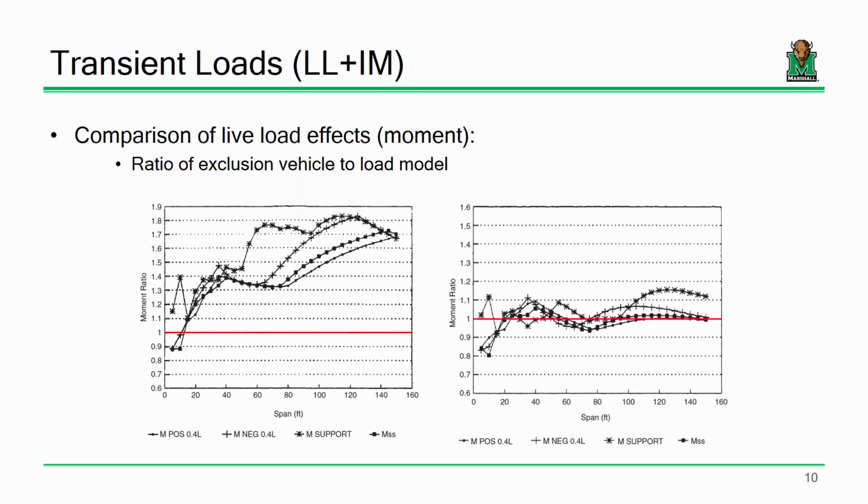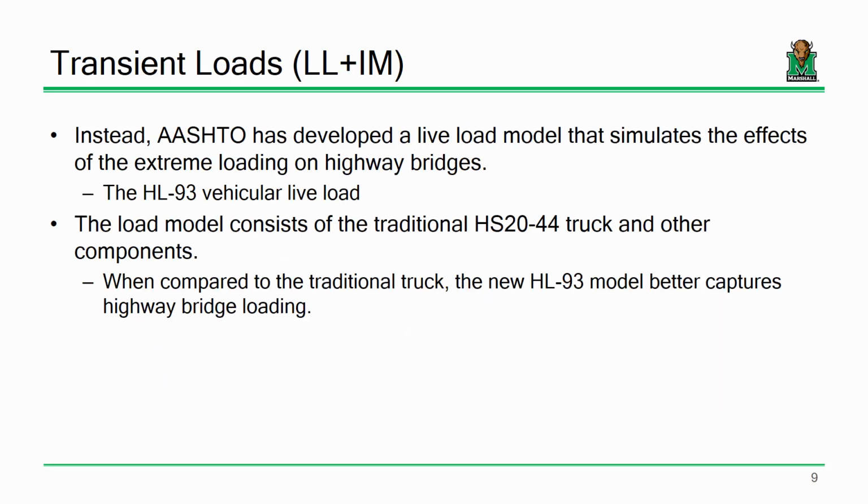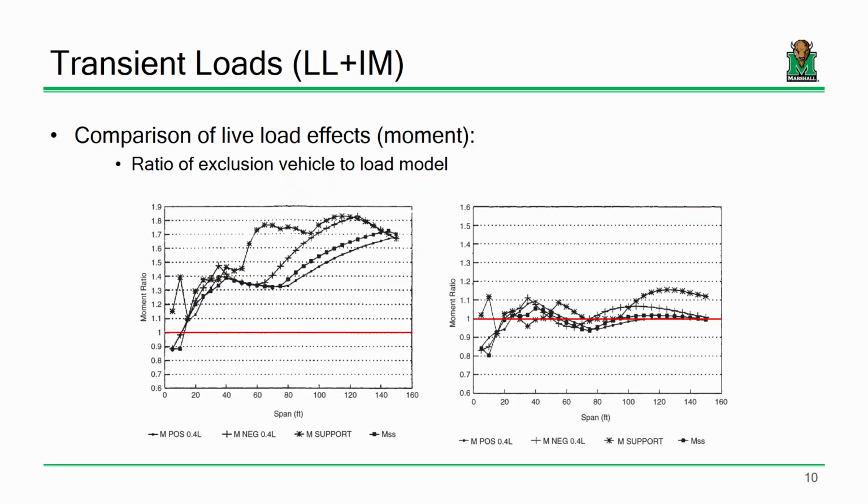So what's going on here on this graph is you've got 2 graphs, one on the left, one on the right. The one on the left is showing you what was happening with the bridge code, the specification, before we adopted LRFD. Before we adopted LRFD, we were using this load model, HS2044, which was developed in 1944. Here on the y-axis, what's being plotted is what's called a moment ratio.